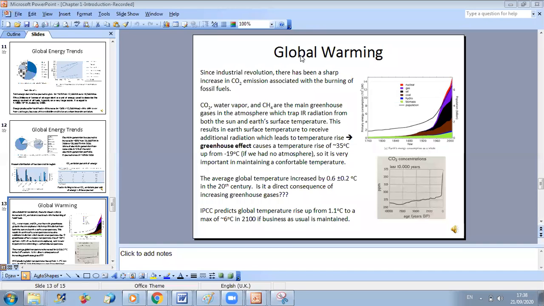In general, it can have a good effect when we don't have an excess of these gases, because the atmosphere already contains a certain proportion of them, and that ensures a comfortable temperature on Earth. But if the percentage of these gases increases a lot in the atmosphere, then we will have a high rise in temperature. We can reach very high temperatures on Earth, which will lead to undesired climate change.